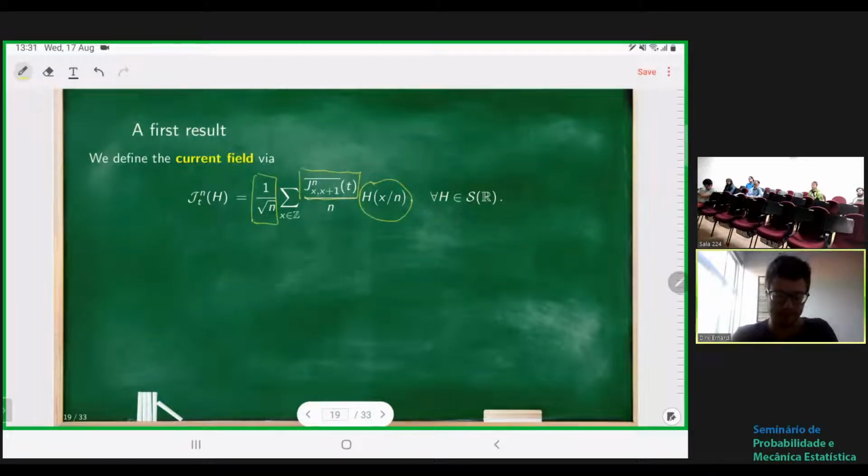Indeed, it's possible to give a direct relation to the fluctuation field. The way it works is the following.